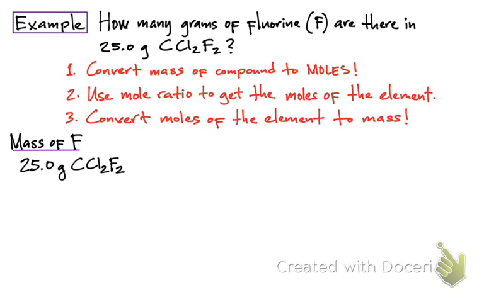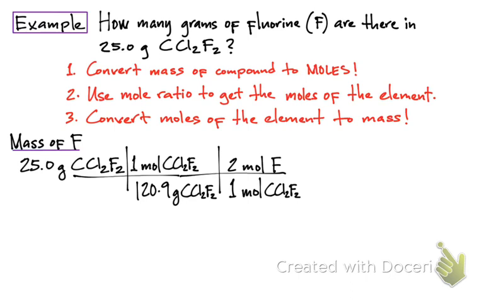In that case, we will need the molar mass of the compound itself, which is 120.9 grams per mole. The second bracket here is the mole ratio between fluorine and the compound: you have 2 moles of fluorine for every 1 mole of the compound.